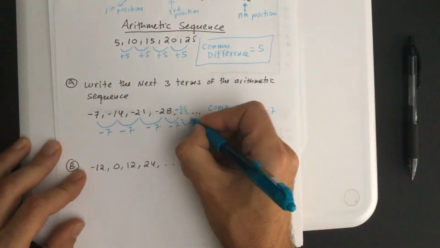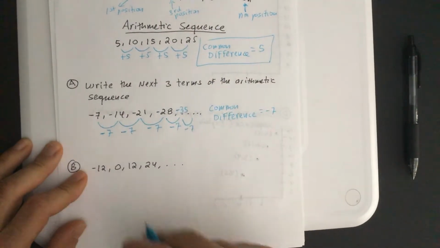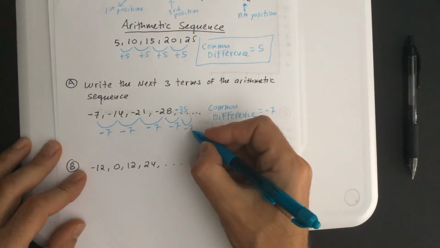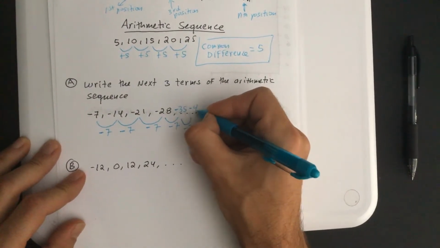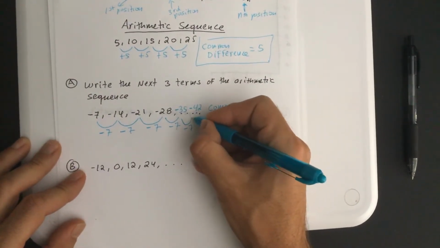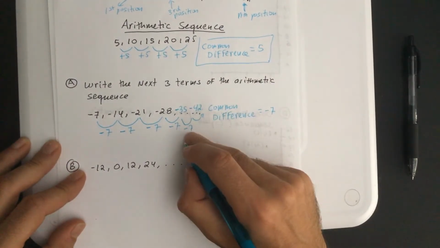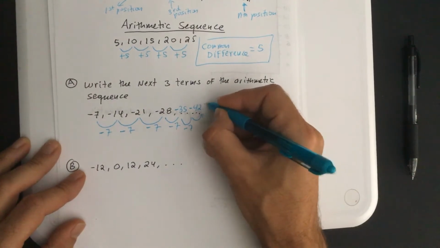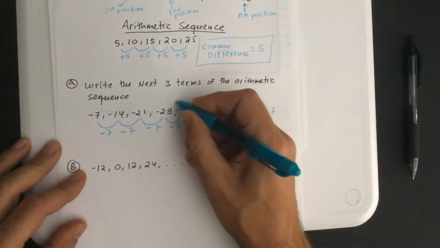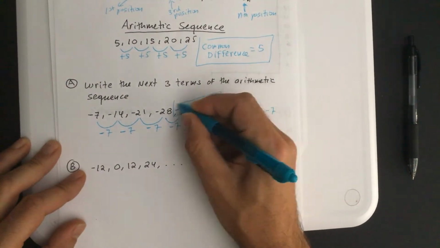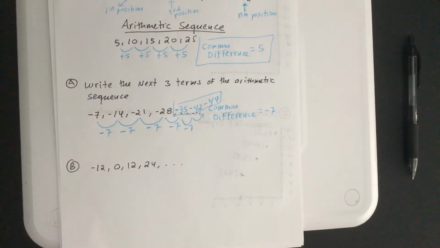And then another -7. From -35 plus -7, that will be -42. And then the next one here, -42 plus -7, that will be -49. And those are my 3 next numbers.